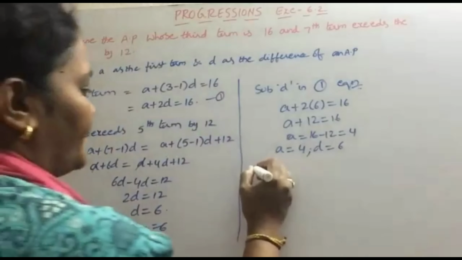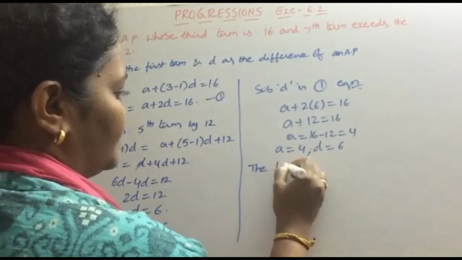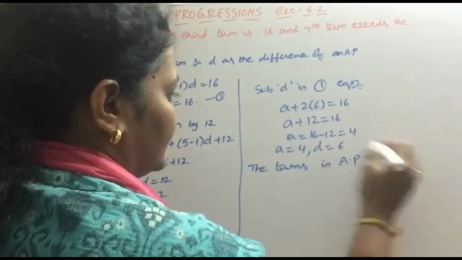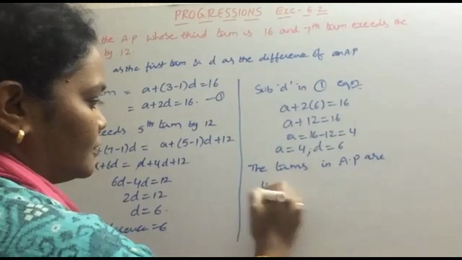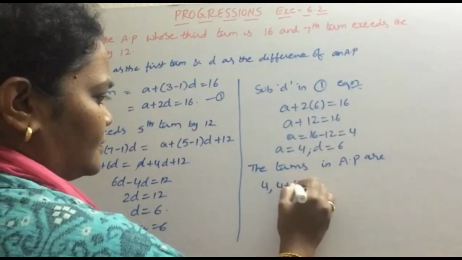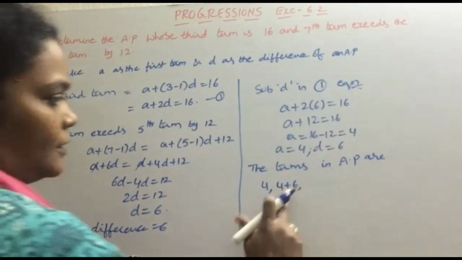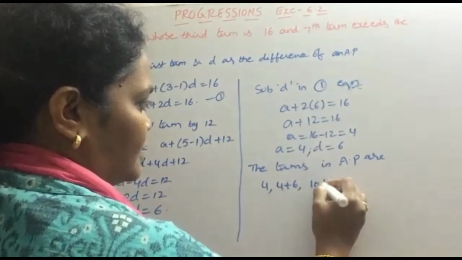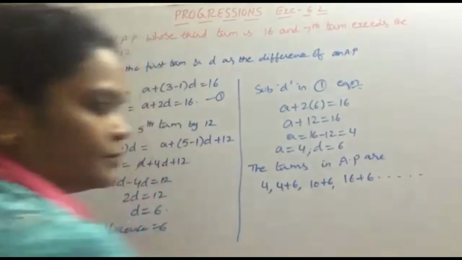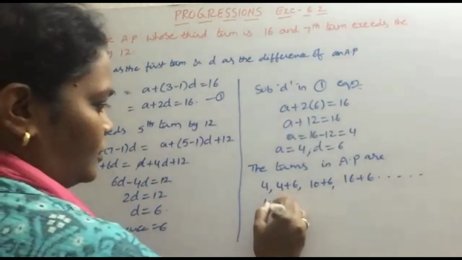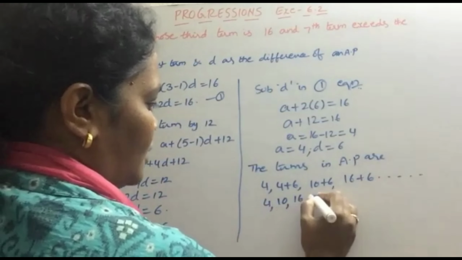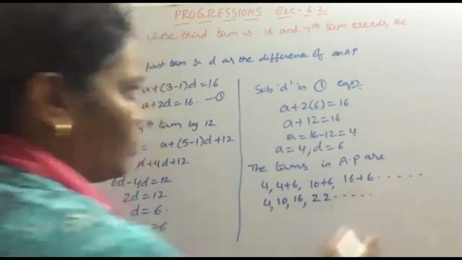So the terms in the AP are 4, next 4 plus 6, 10 plus 6, 16 plus 6 and so on. 4, 10, 16, 22 and so on.